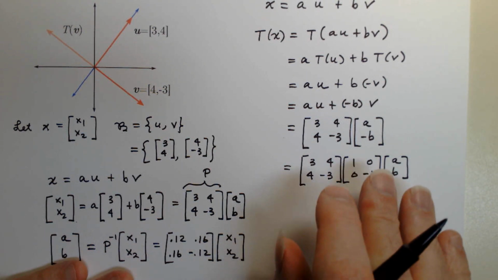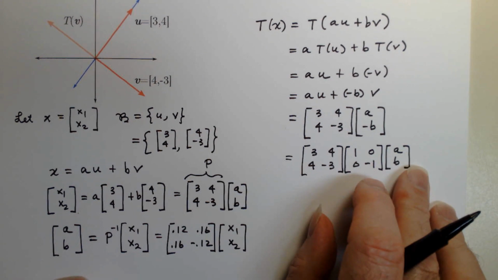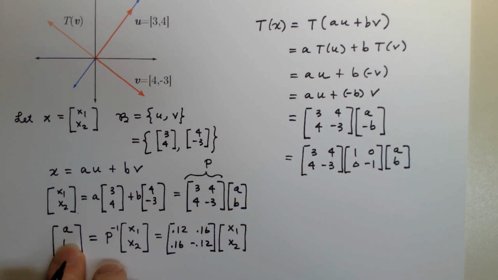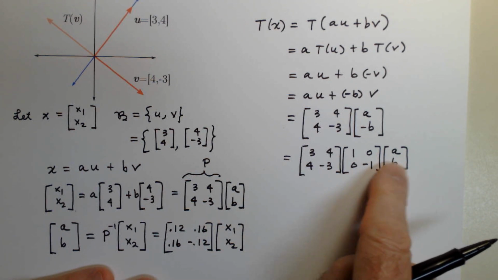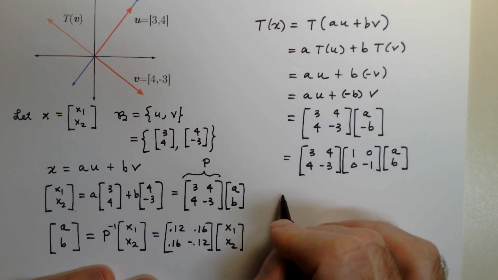Now I'm going to do one last thing. I'm going to remind you that AB can be written as a matrix times the vector x. So let me do one last thing here.